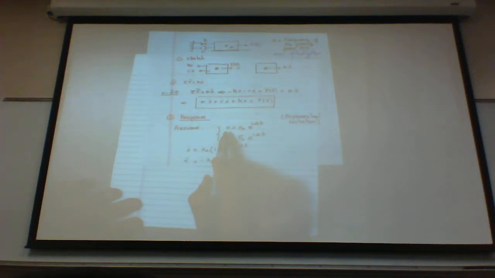We're trying to find the response x of t. If we know the frequency, we know the shape of this. What do we need to know? The value of x naught. So now we can come to this equation and solve for x naught. That would be equal to f naught divided by minus m omega squared plus c i omega plus k.